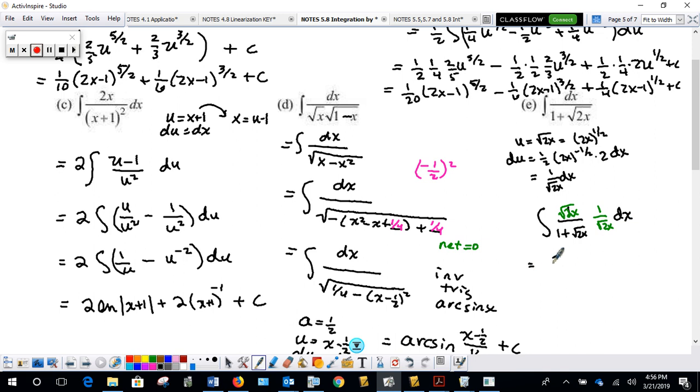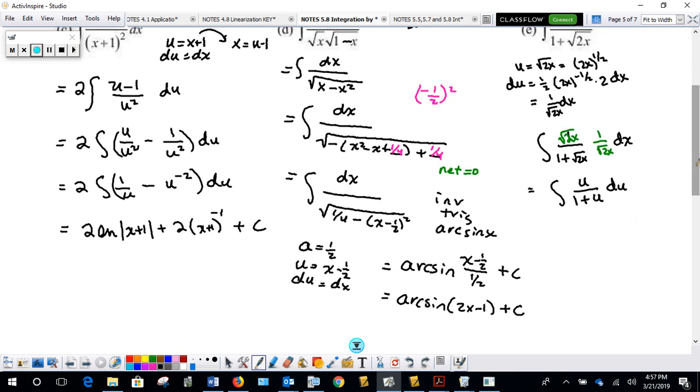So then when I do my substitution, this is going to be u over 1 plus u, and then all of this becomes du. And that's going to end me into, hey, they have the same degree, and when they have the same degree, the technique was long division. So I'm just going to reorder it, u plus 1, and I'm going to divide it into u. U goes into u one time.